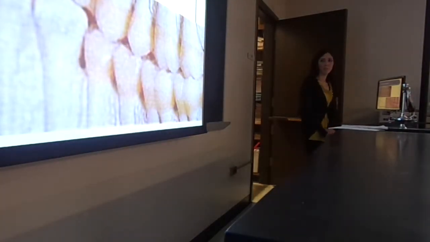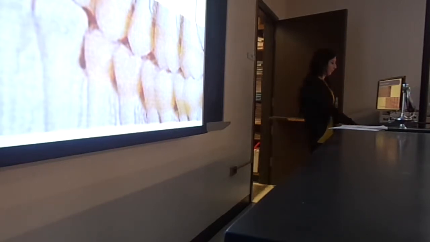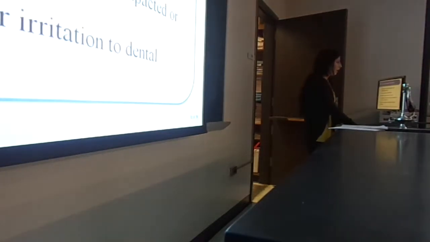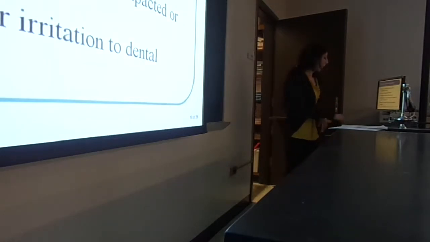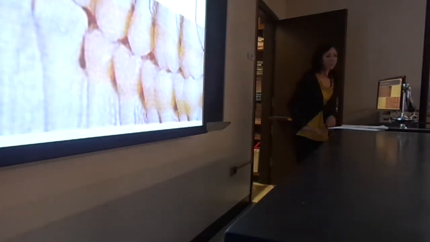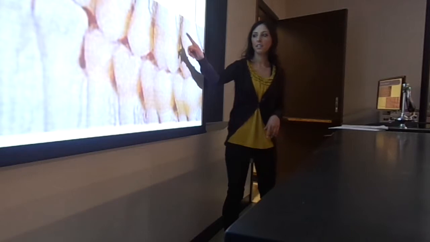And this is what centric occlusion looks like. Teeth just come together, a tooth-to-tooth relationship. Now, centric occlusion is important because, as you can see in this picture, all the contacts are together.